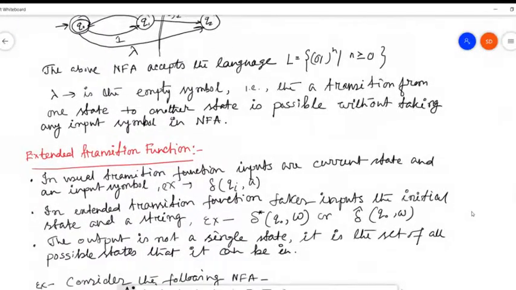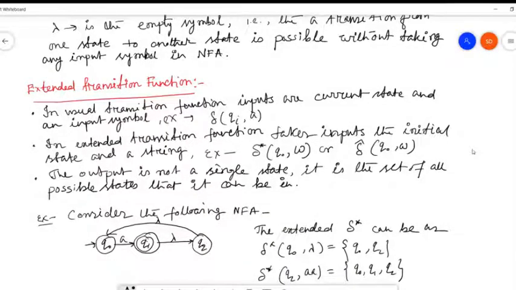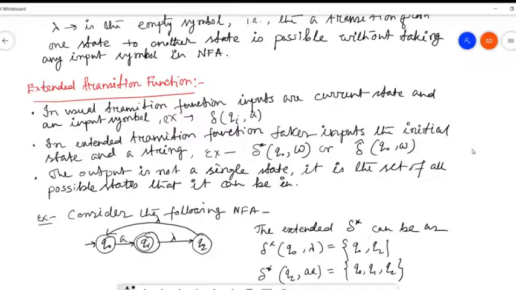We have already studied what a transition function is. In a normal transition function, we take one state, which is the current state, and take any input, A, B, C, or 0, 1, anything, then it goes to one or a particular subset of the states.